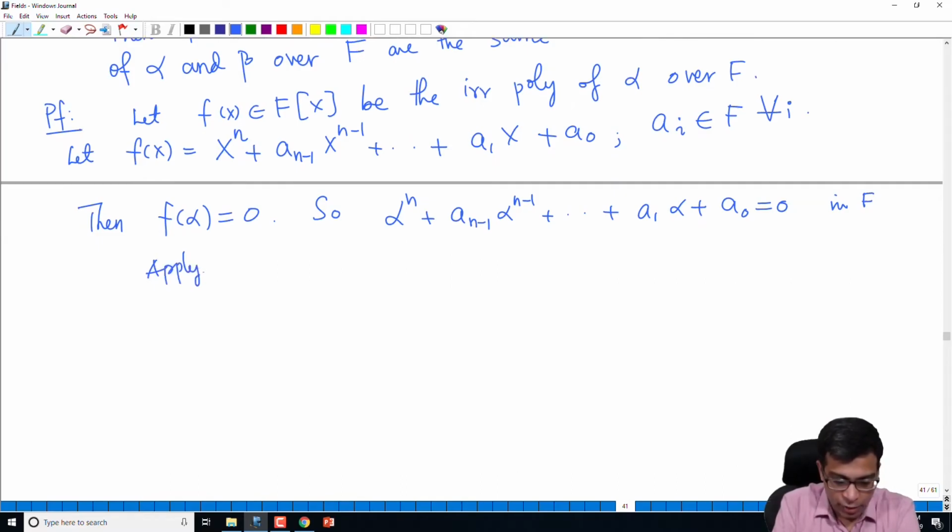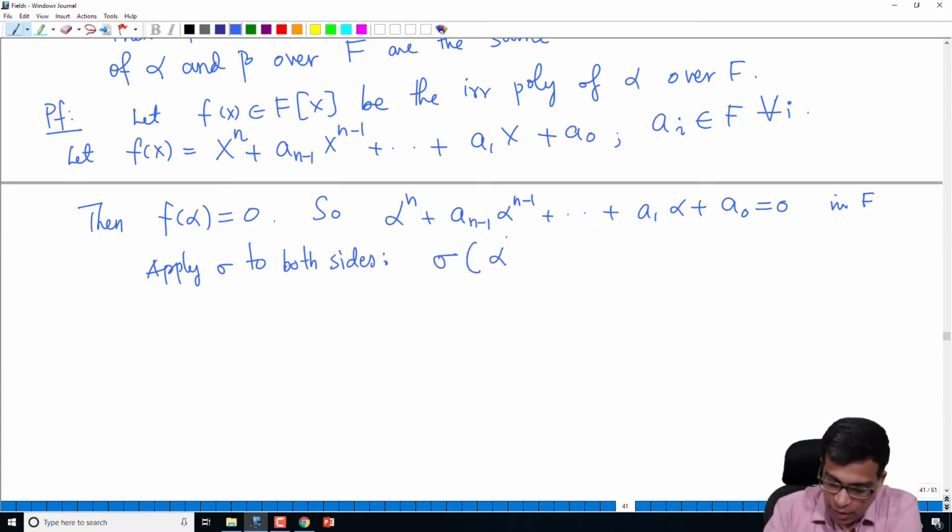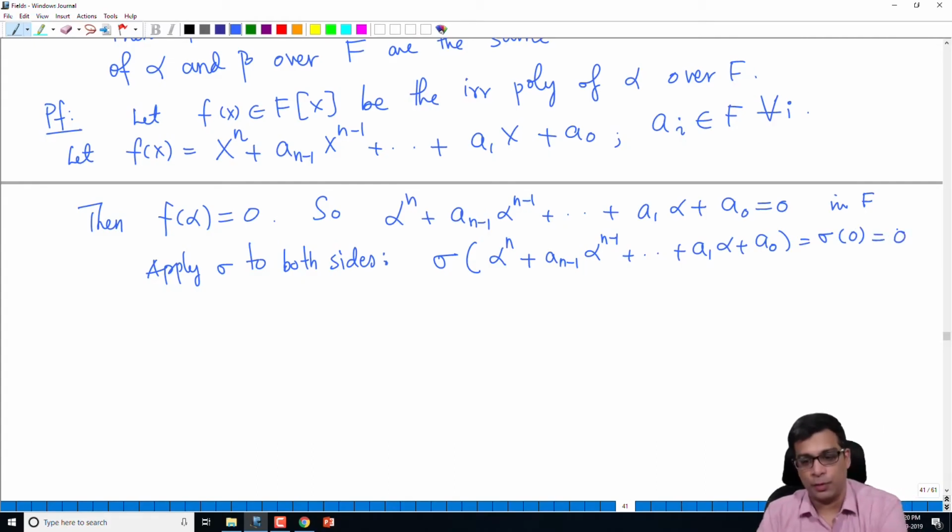Now we'll apply sigma to both sides. If we apply sigma to both sides, what do we get? Sigma of alpha^n plus a_{n-1} alpha^{n-1} plus dot dot dot plus a_1 alpha plus a_0 is sigma of 0. Sigma being a field homomorphism, which is a ring homomorphism, sends 0 to 0.